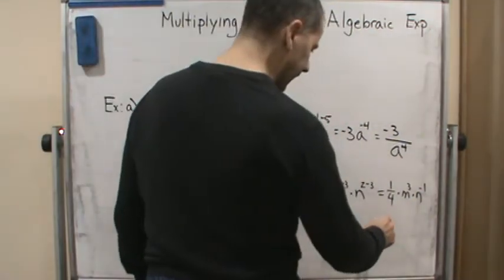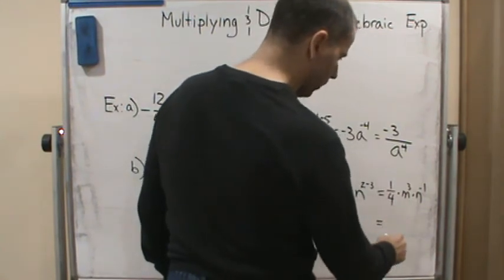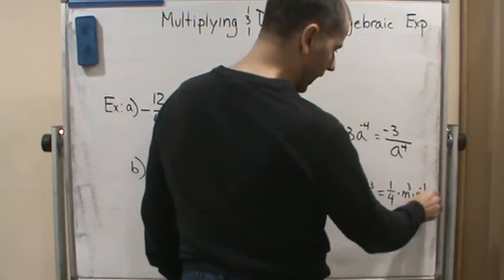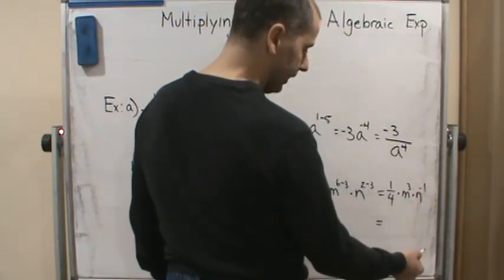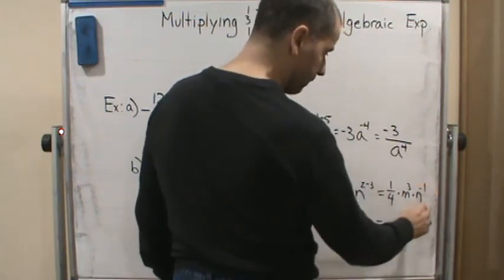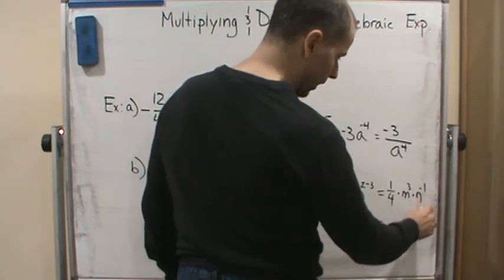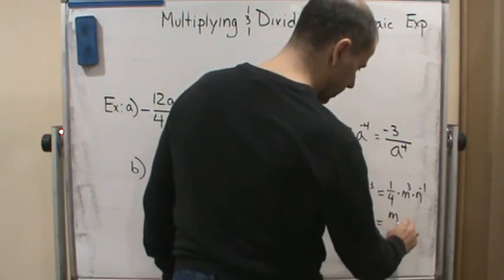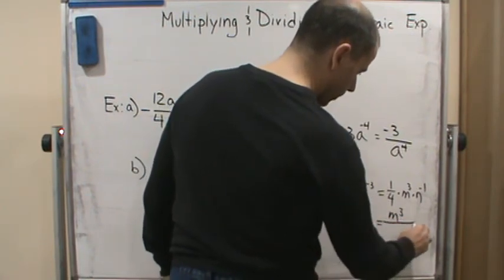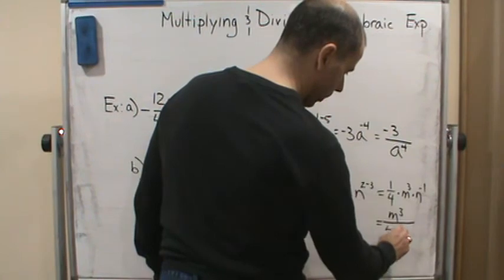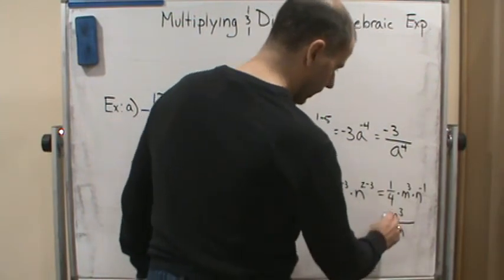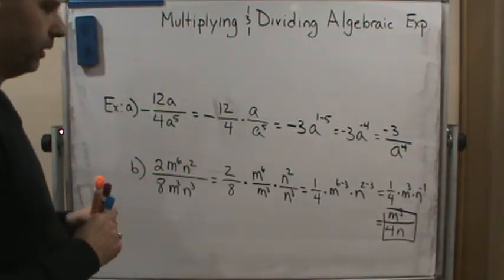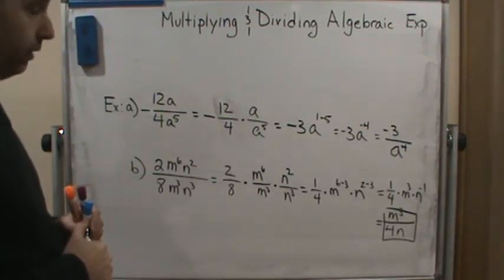And so now my final answer is going to be equal to, now the m is going to go on the top, and I'm going to put the n in the denominator, so that makes it positive, because I'm going to use the reciprocal here. So this is going to be m to the third divided by 4n. And so this becomes my final answer: m cubed divided by 4n.